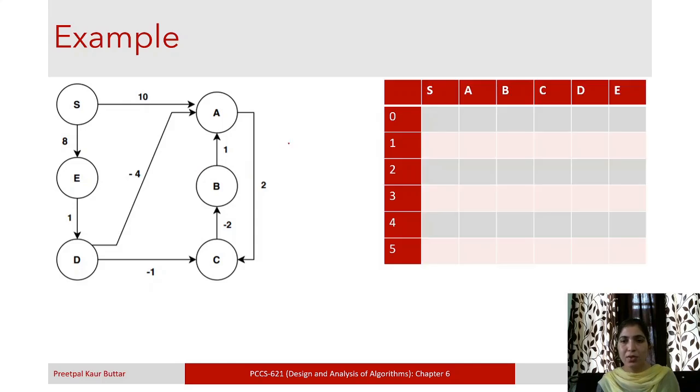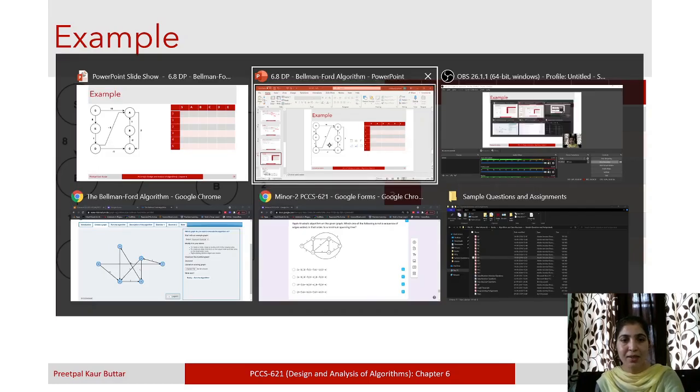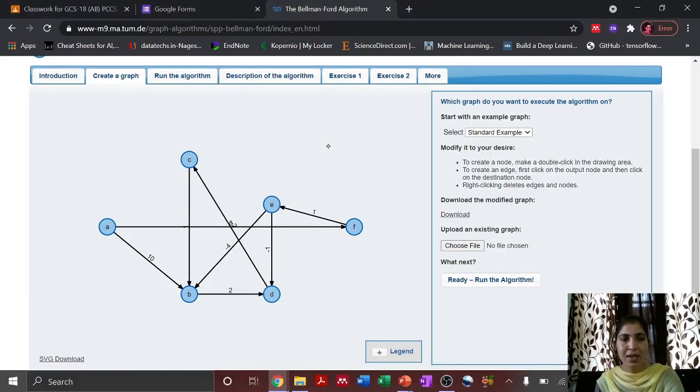So we will create this kind of a matrix for this graph, right? These are the different vertices which we have listed here, and these are the number of iterations for which this algorithm will run. And for explaining the Bellman-Ford algorithm, let us take the help of this animation.